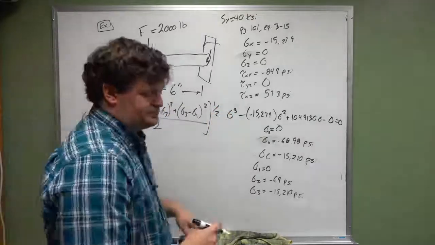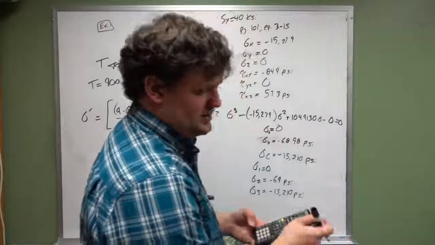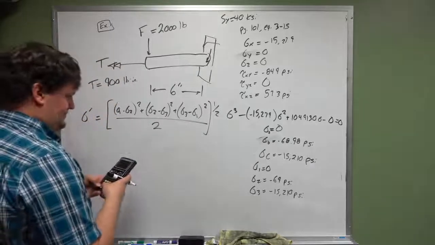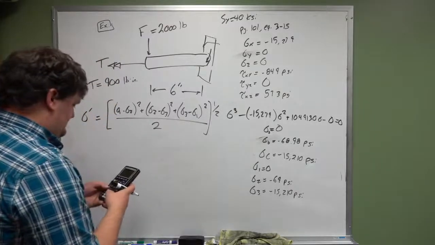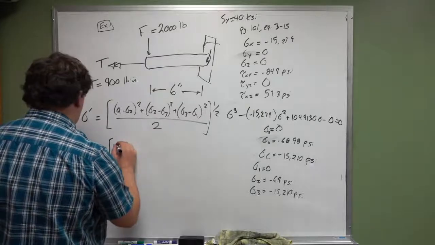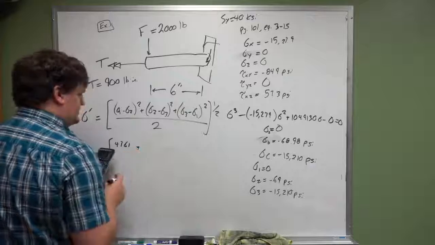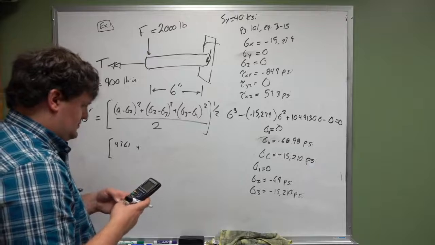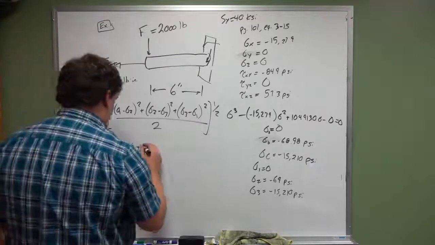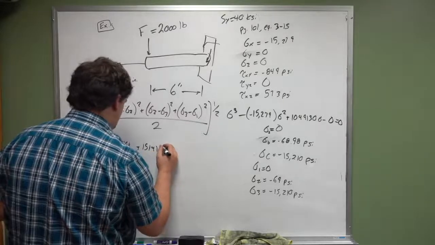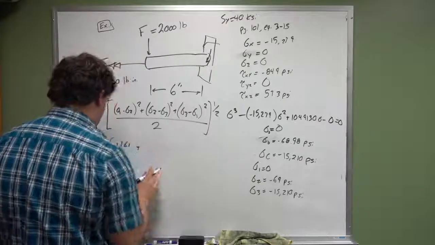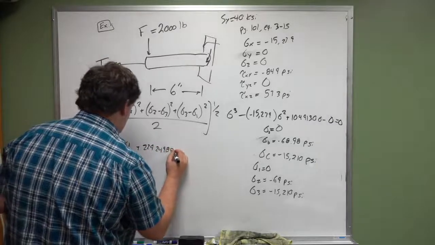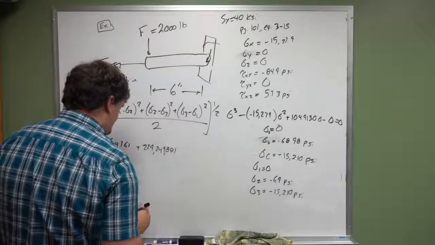Okay, so doing this math quickly, again, I'm not showing all of my math here because I'm fantastic. This is 4761 plus 15,141. Oops, sorry, that's wrong. I gotta square that. 229,249,881. That's 229 million.